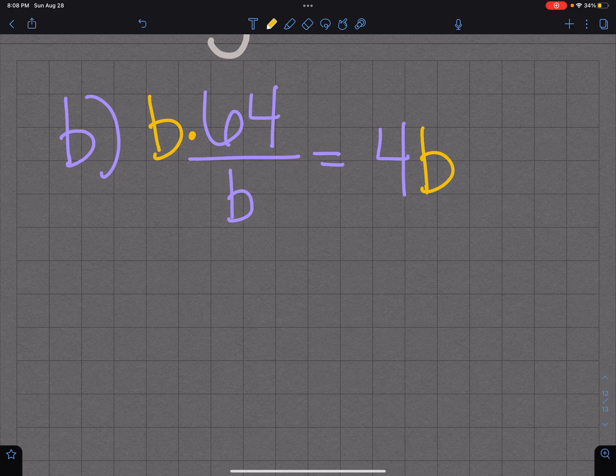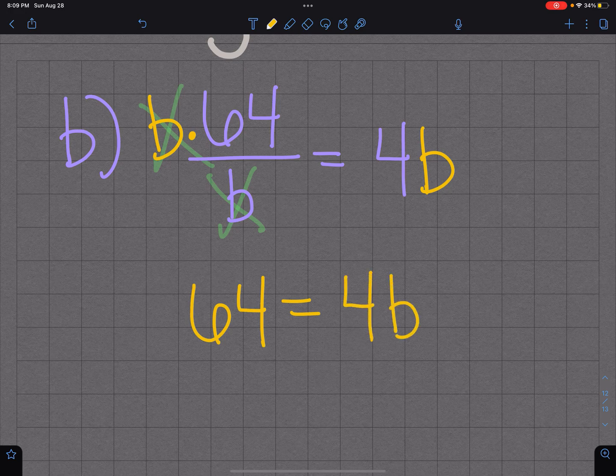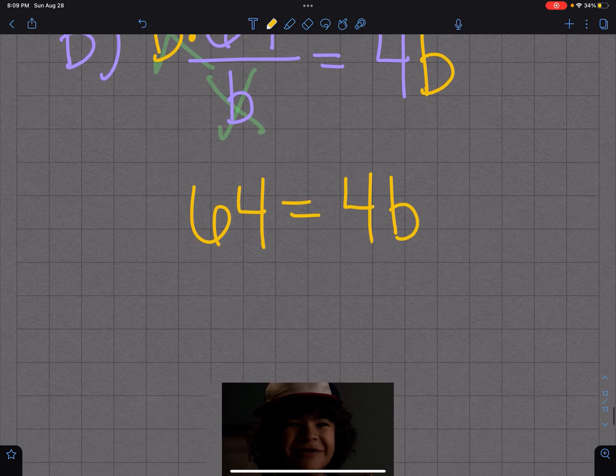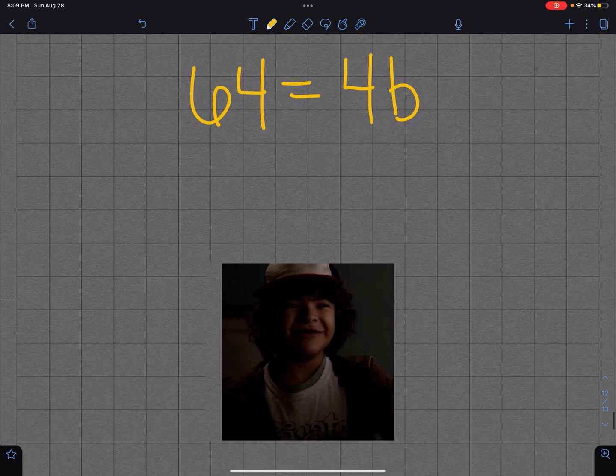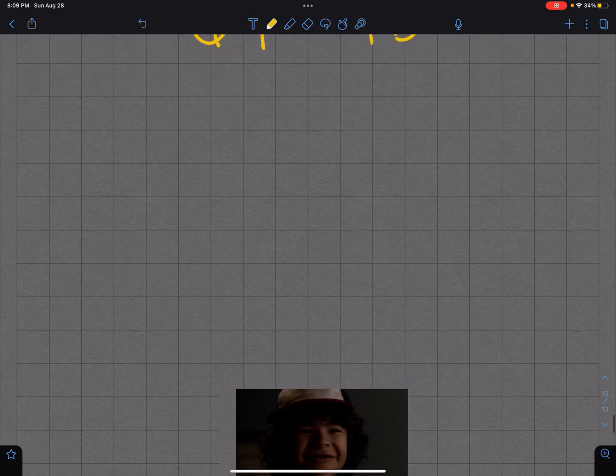Then my B's on the left cancel out because I have B over B, which is always equal to 1. So the only thing that I have on the left is 64, and that is equal to 4B. I don't know why I do it that way, and I don't know if it's easier for you to do it that way, but anyway, that's how I do it.